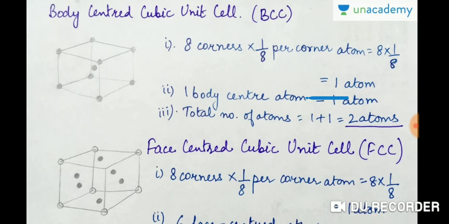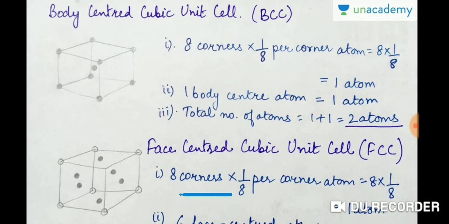In a similar manner, we calculate for the face-centered cubic unit cell. Here we have atoms at the corners of the unit cell and also at the 6 faces of the unit cell. Now because the atom is present at the face of this unit cell, half of it is present inside the unit cell and half of it is present outside the unit cell. So the volume actually included inside would be of only half an atom.